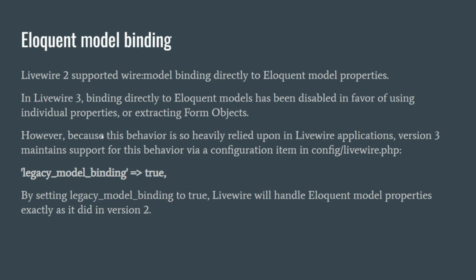However, since Livewire 2 used Eloquent model binding heavily in order to do the development, there is a configuration that can be made in the file config/livewire.php. We can set legacy_model_binding to true, and that would do the binding of Eloquent model properties the way it used to do in version 2.